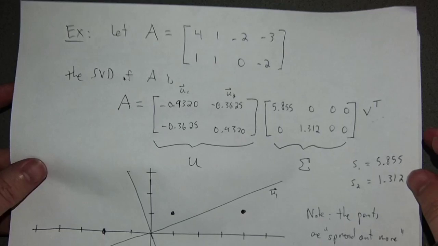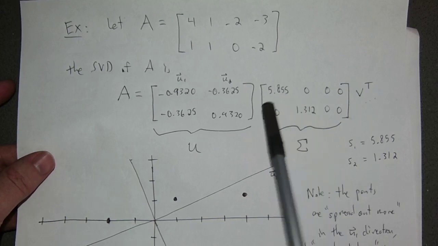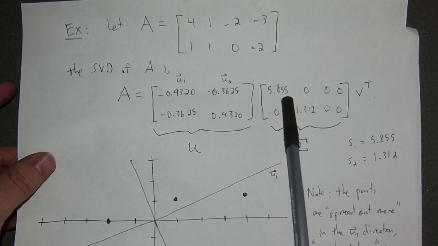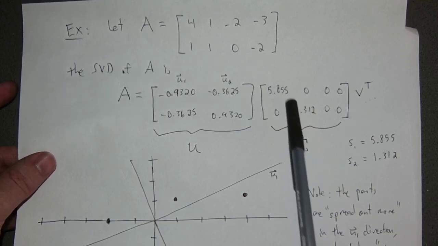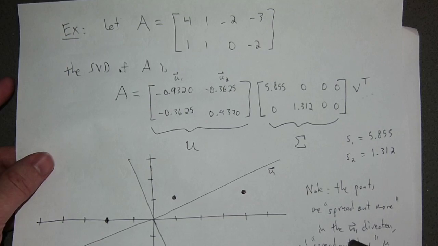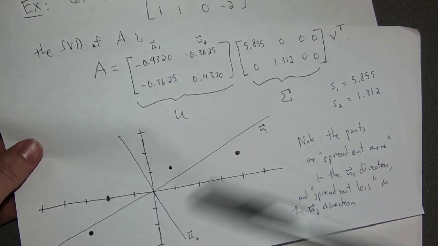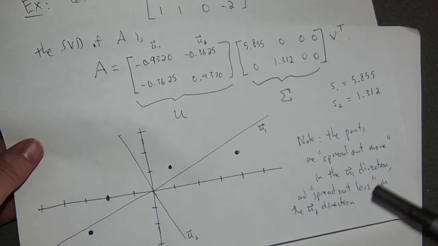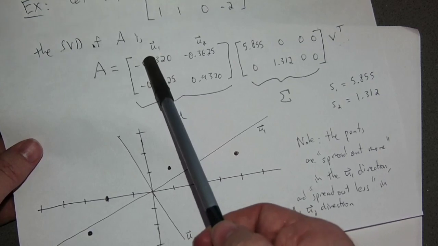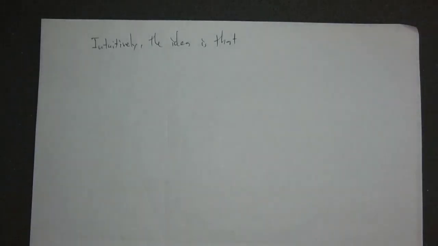I am assuming that I'm setting up this SVD in a way, as I mentioned before when we were doing these examples, where I want the largest singular value showing up here, in this first entry, and then I want the singular values to go down from there. When they're arranged in that way, what I'm going to say makes sense. If they're not arranged in that way, then none of this is going to make sense because the most spread out direction is going to be some other u sub i. The reason that u sub 1 is the direction they're the most spread out in is because u sub 1 is the eigenvector associated to the largest singular value. So that's how this works.